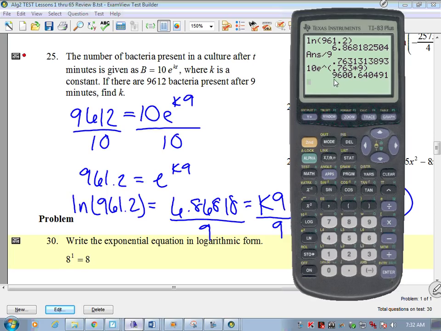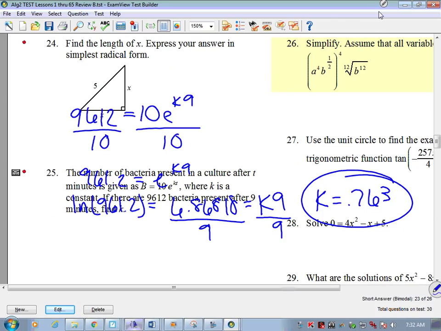Which I get 9,600, but considering the size of it, being off by 12 is really not that much. And if I continue to take that 0.76313138893, the closer I would get to that 9,612. So 0.763 is an estimate that gets us close.